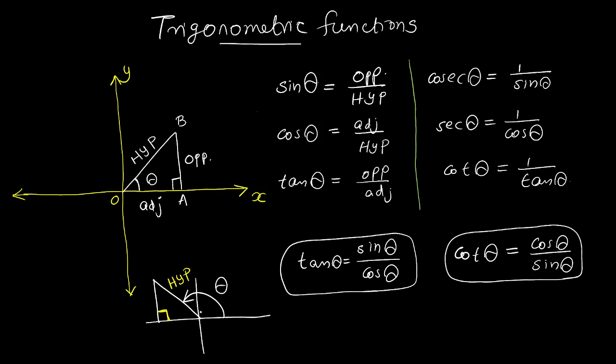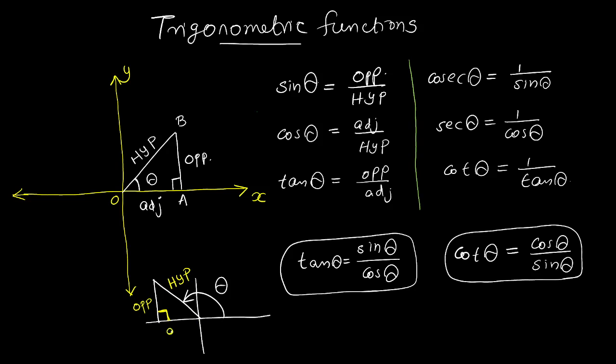Opposite side is also said to be the distant side. We prefer distant side instead of opposite side. What is the distant side to theta? This vertical line is the distant side away from theta. It is also called the opposite side.